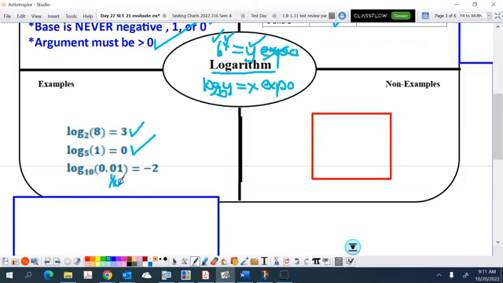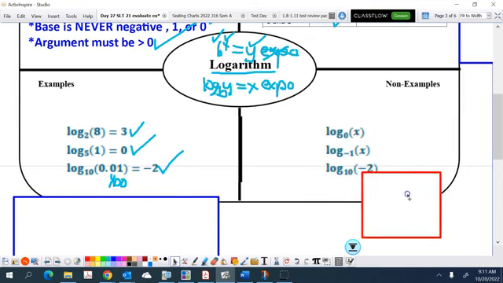So remember, if you've got 10 and your answer is a fraction between 0 and 1, your log or exponent answer is going to be negative. So you need to flip it, and then you need to square it in order to make 10 into 1 over 100. Lastly, we have our non-examples.